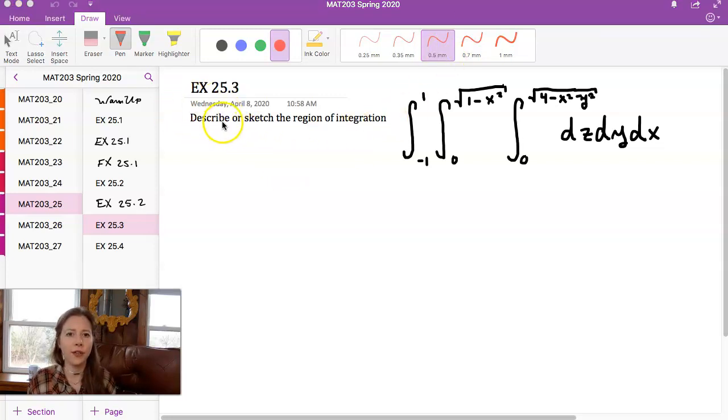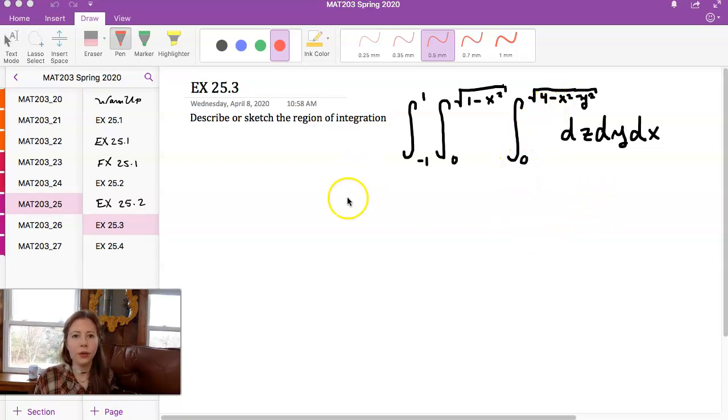So here we have describe or sketch the region of integration. And along the x, we're going from -1 to 1. For y, we're going from 0 to the square root of 1 minus x squared. And for z, we're going from 0 to the square root of 4 minus x squared minus y squared.